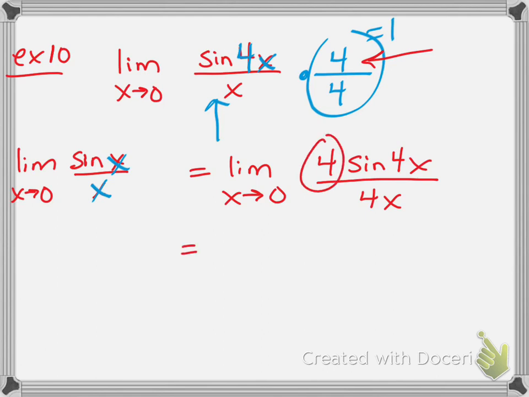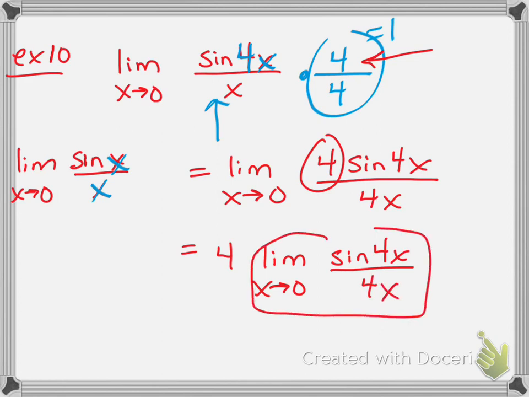I might see this as a scalar and just take it out in front of the limit. And then this is that rule. It's the sine of something divided by the same something. And when that happens, it is just equal to 0. So this is 4 times 0, which is 0. Oh, wait a minute. I'm sorry. That's not the one that equals 0. That is the one that equals 1.